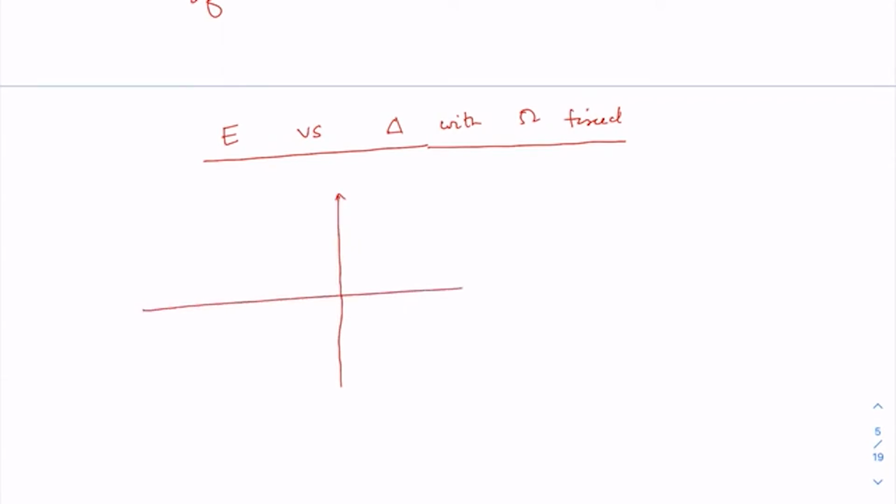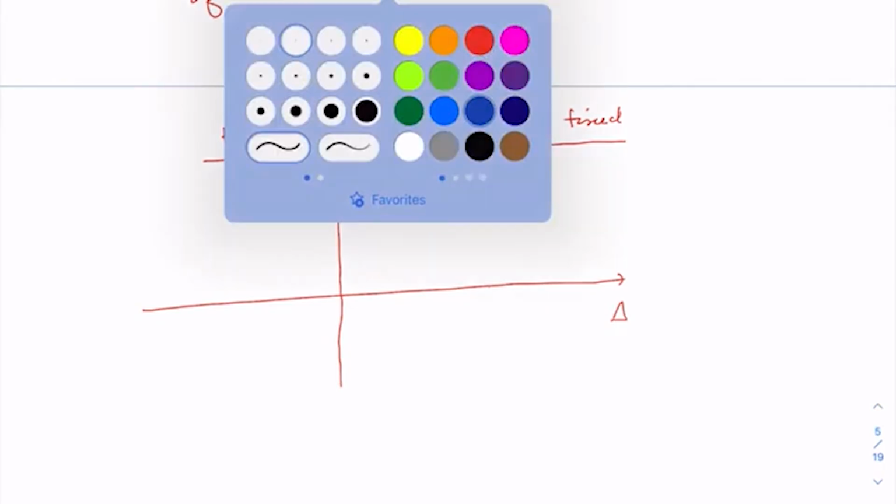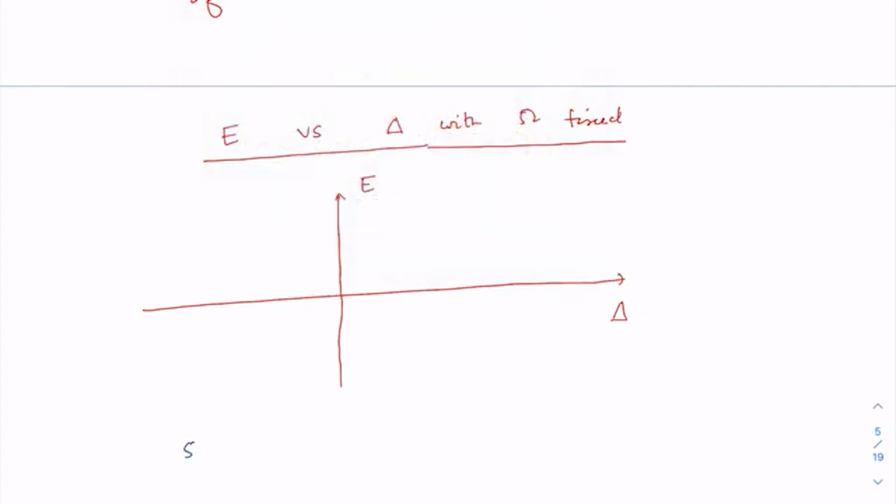So let us say this is E on the y-axis and detuning parameter delta is on the x-axis. Let me consider first the case when there is no coupling. That means the Rabi frequency is 0. Omega is equal to 0.